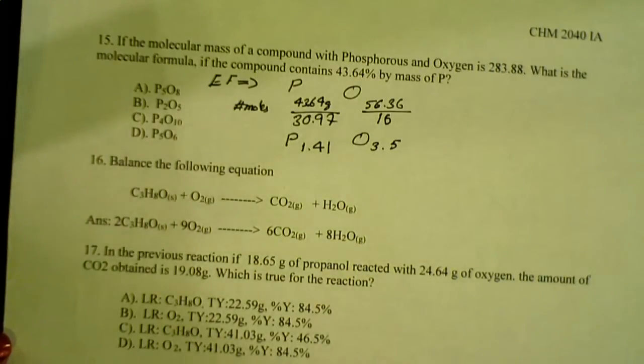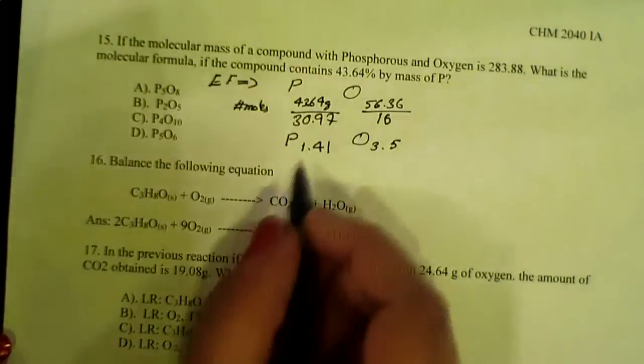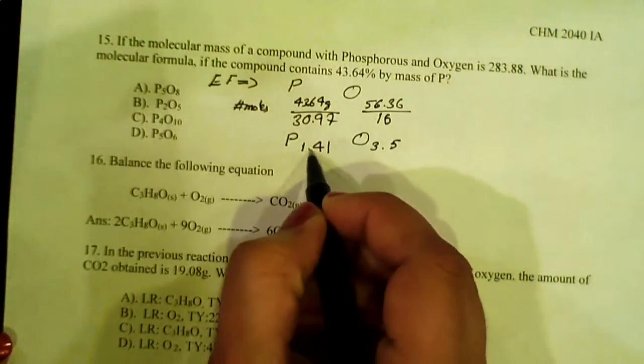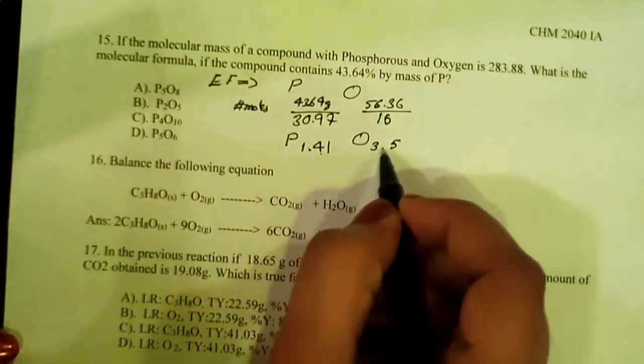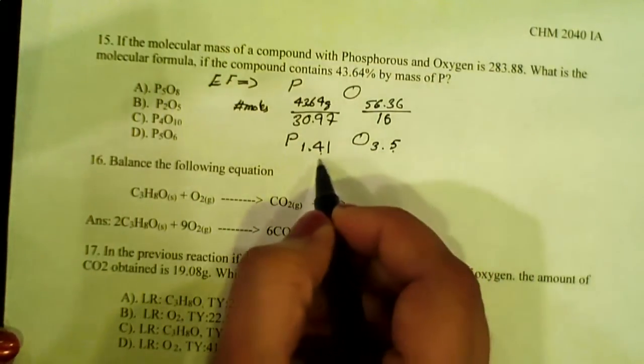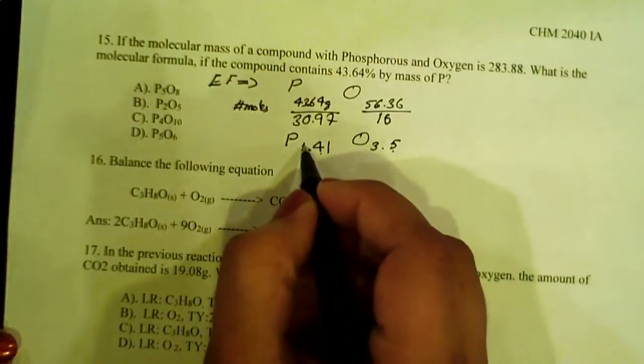So for phosphorus you will end up with 1.41, and for oxygen the number of moles will be 56.36 divided by 16, which is 3.5.